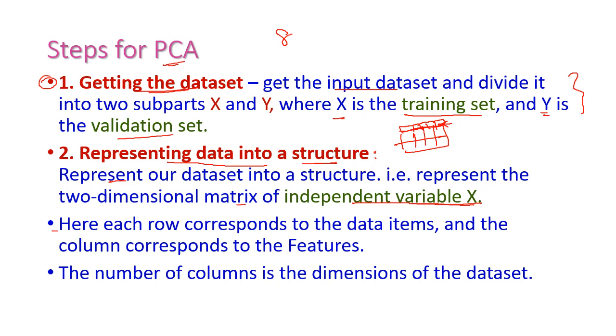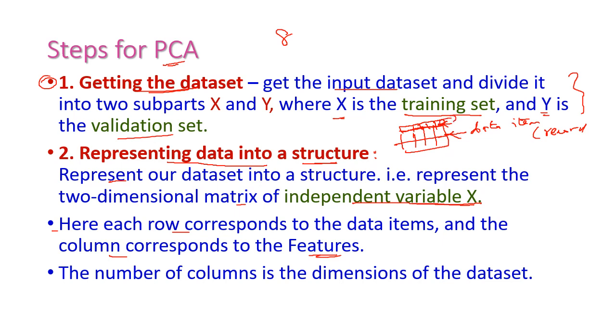Each row corresponds to a data item or record, and the columns correspond to features.